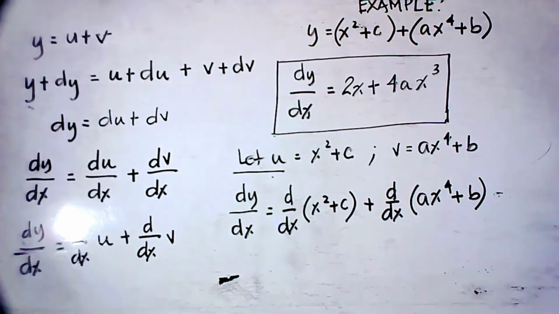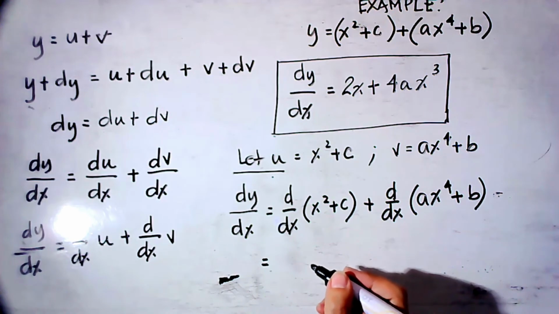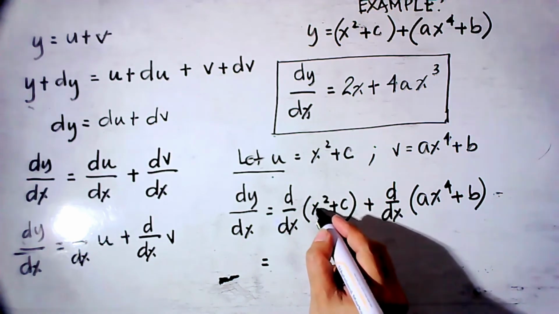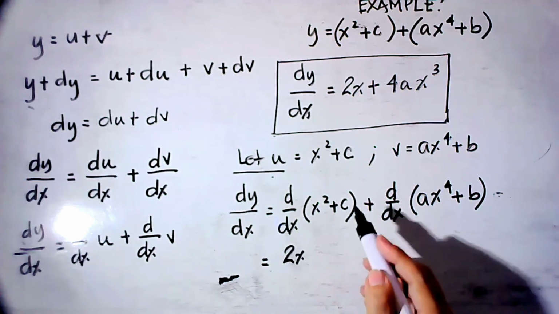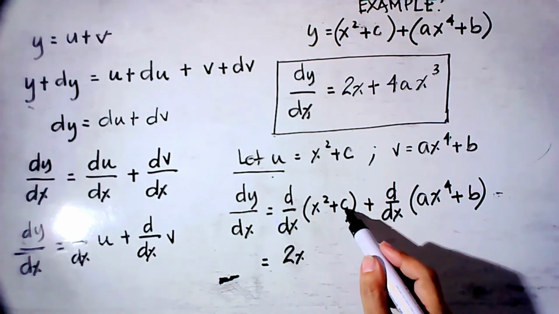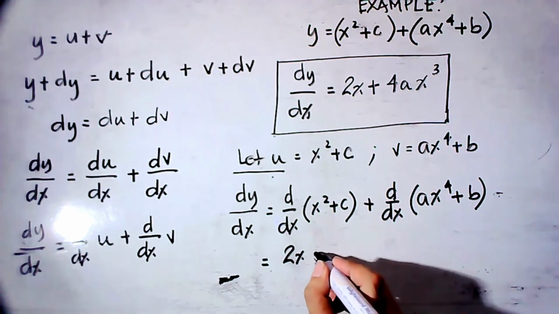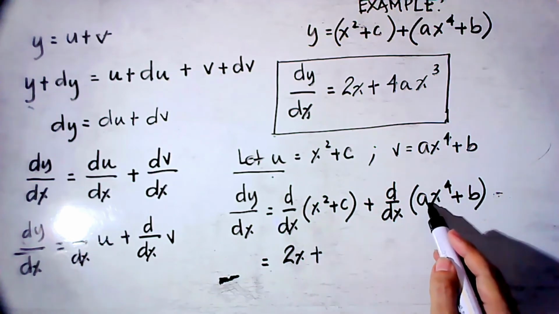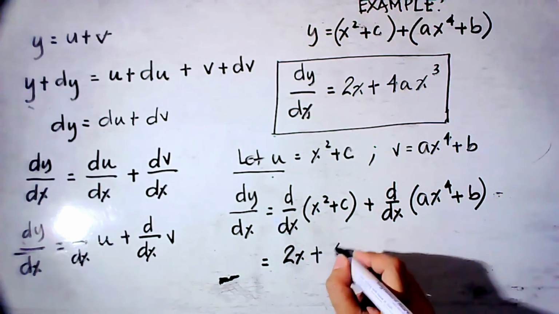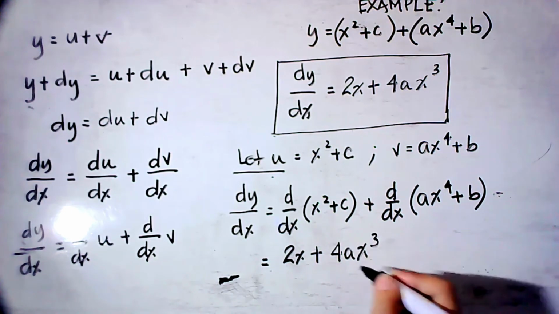And that would give us the same value for dy over dx, which is equal to the derivative of x squared, which is 2x, the d over dx of c, which is equal to 0 because that is a constant, plus the d over dx of ax to the fourth, which is equal to 4ax cubed.